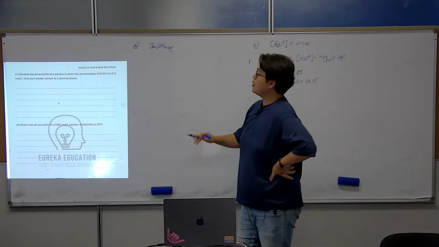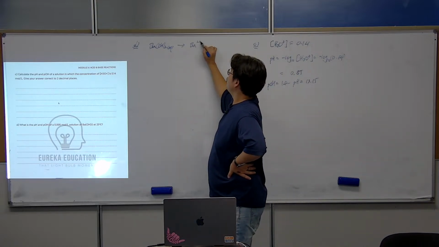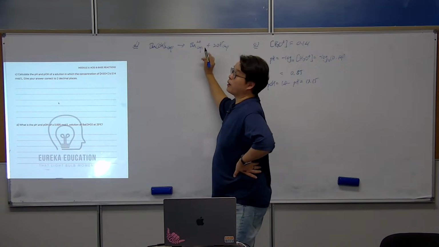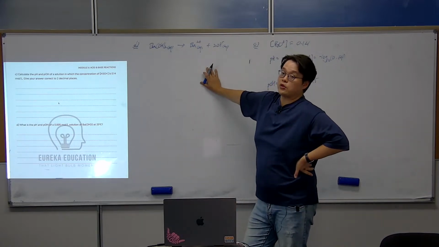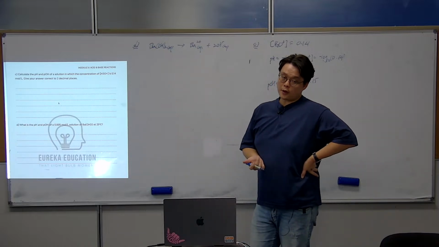Okay, barium hydroxide dissociates into barium 2 plus with 2 hydroxide ions. Remember this. This is what I mean: if you're given something that has different values of hydroxide compared to the given value, you have to consider the reaction ratio.